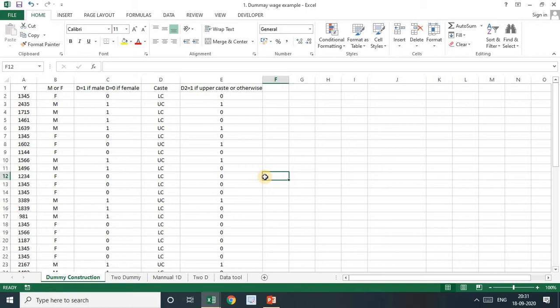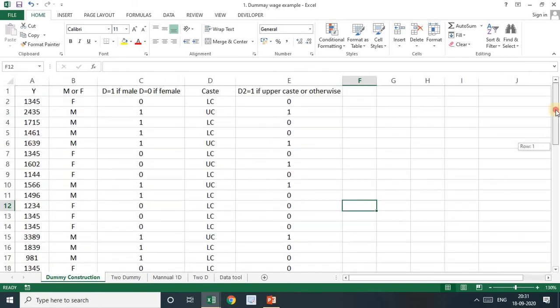Yeah, this is the example. I hope that you can see this window now. Look at these labels. Wage, male or female: I am assigning D1 as 1 for male and 0 for female. This is the caste variable, and D2 is equal to 1 if the caste is upper class, and 0 for lower class.